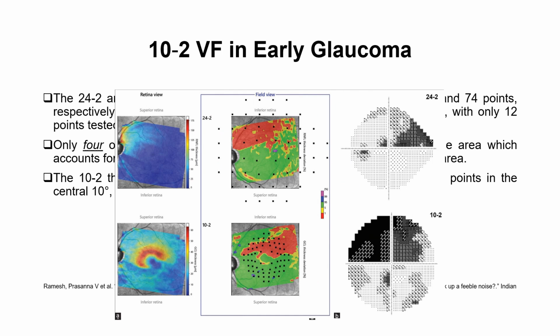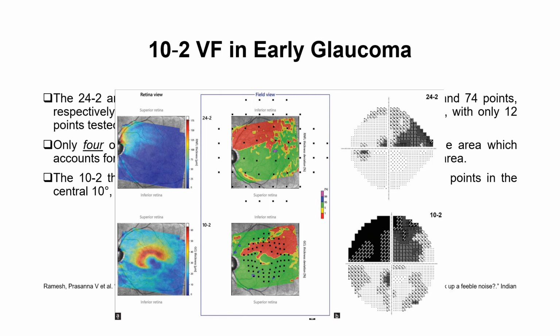And this is why, if you see here, one of the examples of glaucoma patients, in 24-2 there is a loss of the superior, there is a loss of the inferior retina, and this is the Hood glaucoma report. Because these are the points tested in the 24-2, this is how the visual field came.